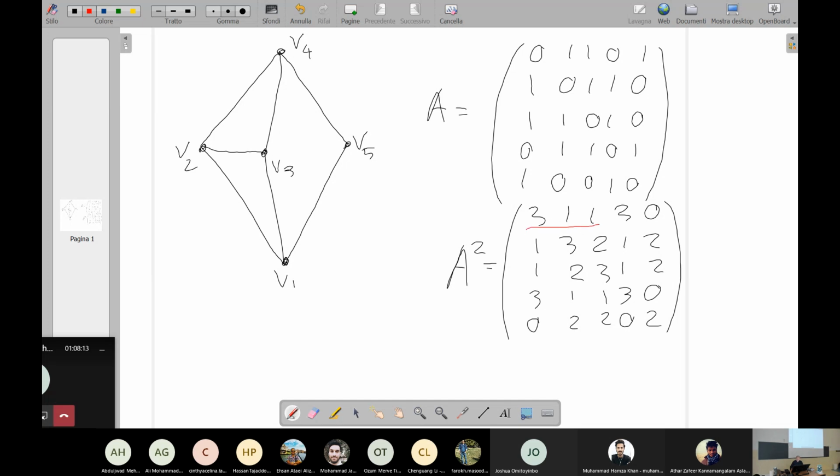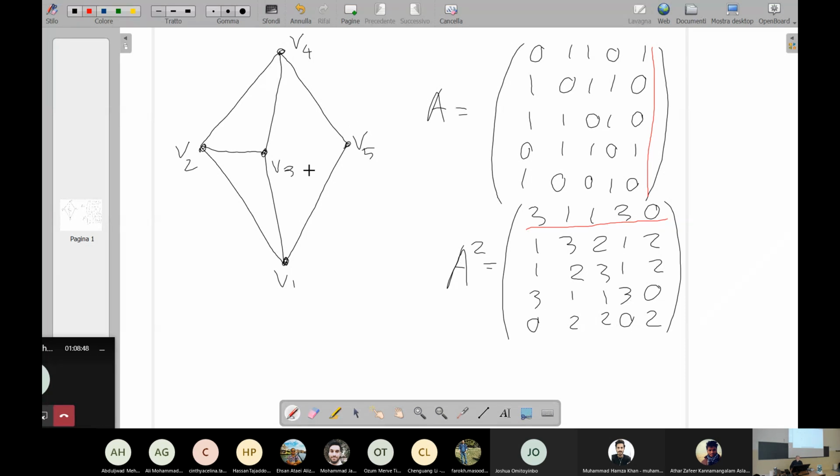The row corresponding to V1 in A square is this, and the column corresponding to V5 in A is this, okay? So now, if we want to see how many 3 walks there are from V1 to V5, we do this. We take out the last edge, so to say.